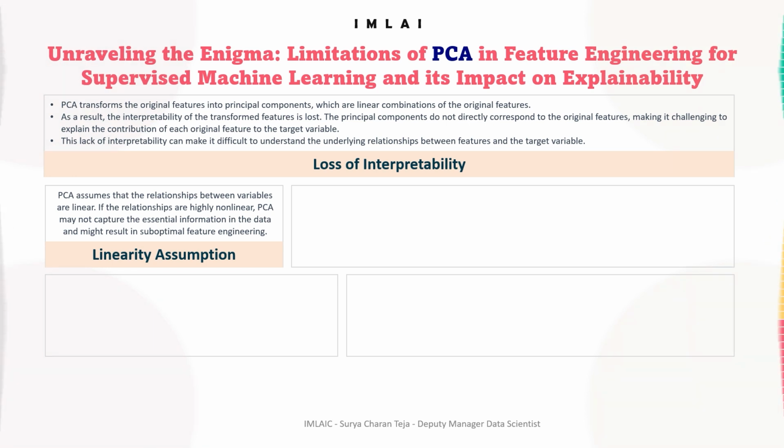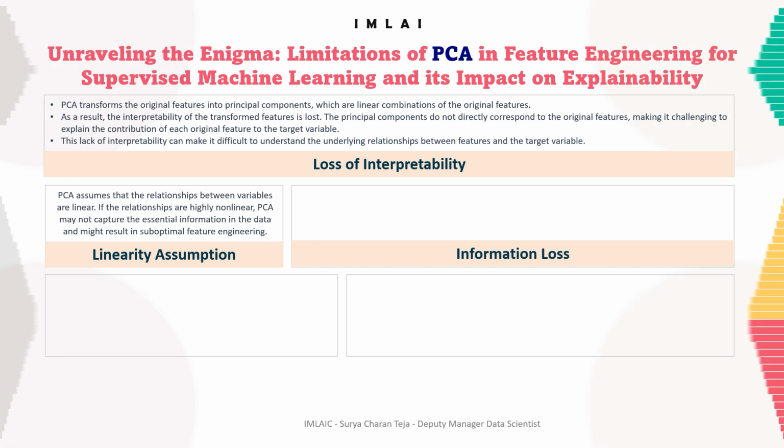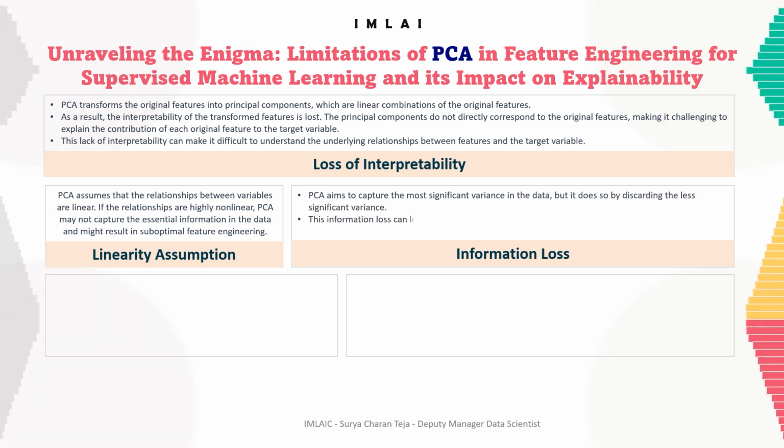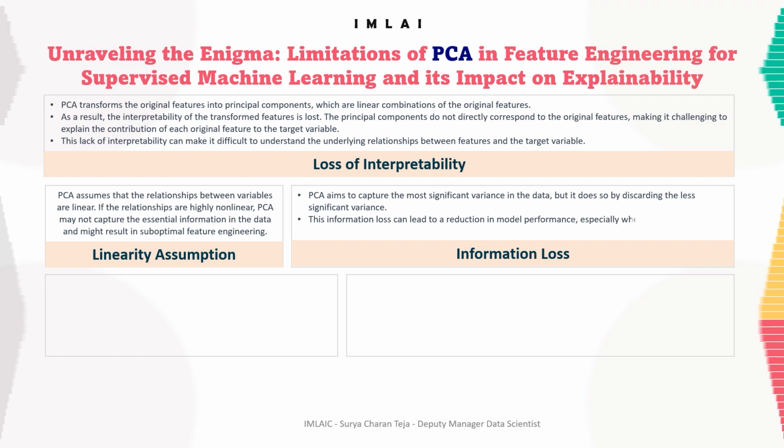Next, information loss. PCA aims to capture the most significant variance in the data, but it does so by discarding the less significant variance. This information loss can lead to a reduction in model performance, especially when the discarded variance contains valuable information for predicting the target variable.